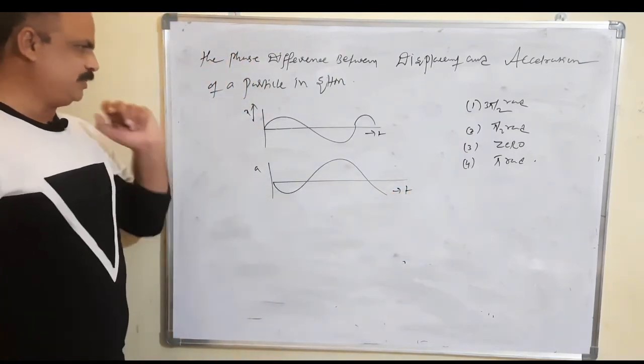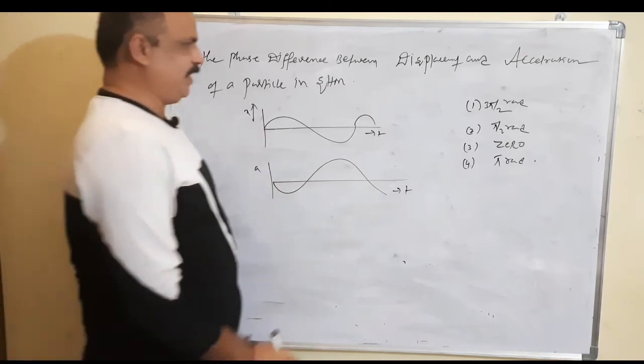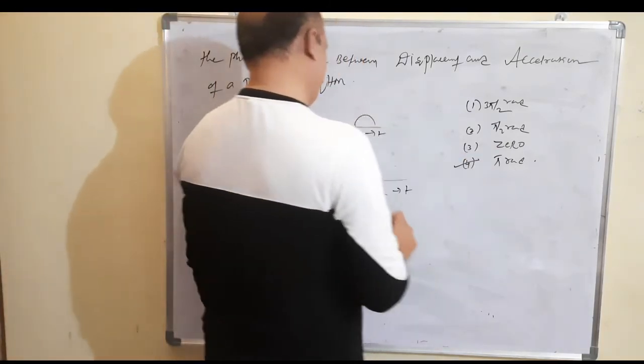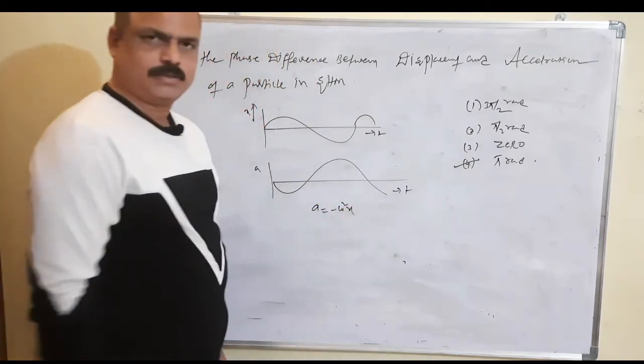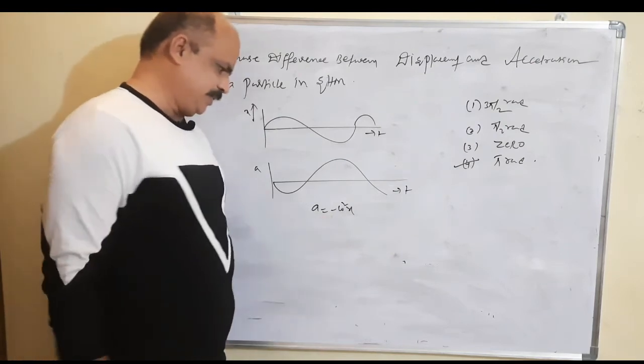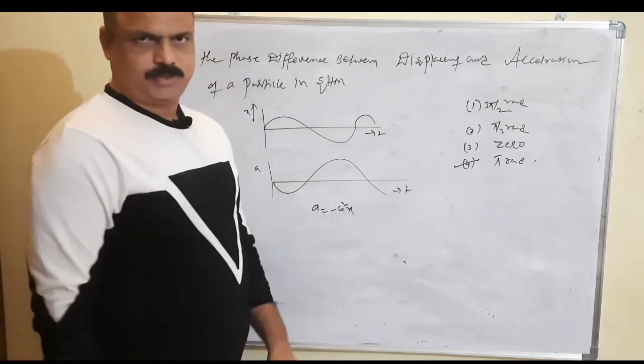So the phase difference between displacement and acceleration is 180 degrees. So we know that a is equal to minus omega square into x, acceleration of the particle in SHM. Here the minus sign indicates acceleration is opposite to the displacement.